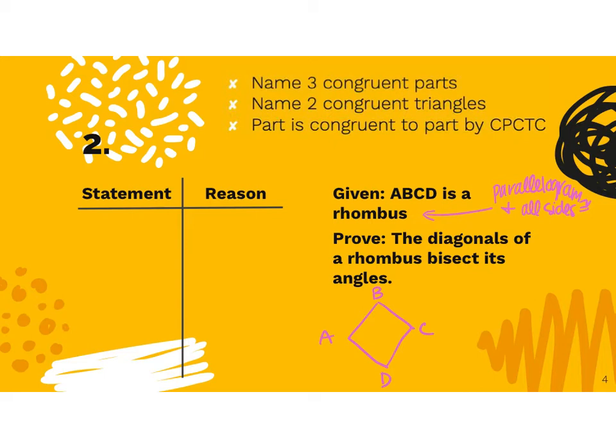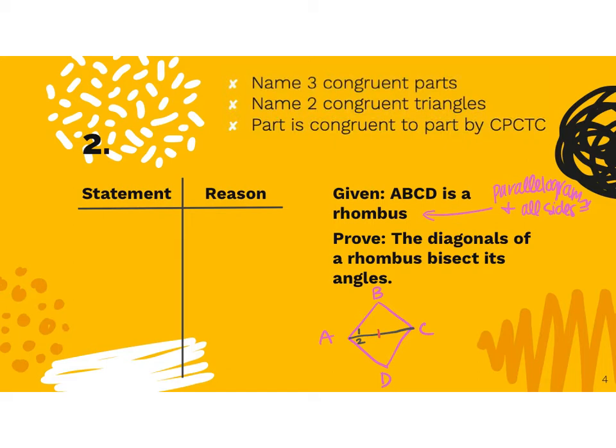So what I'm going to do is draw in a bisector. And if it truly is a bisector, that means that angle 1 and angle 2 must be congruent. So at this point, I'm going to try to prove that angle 1 is congruent to angle 2 by CPCTC. As I'm looking at this right now, I can already say that AC is congruent to AC by the reflexive property.